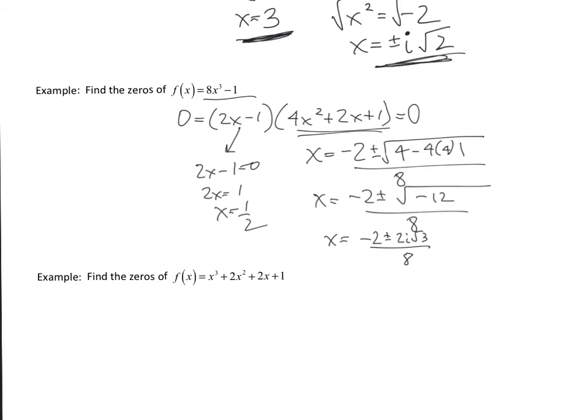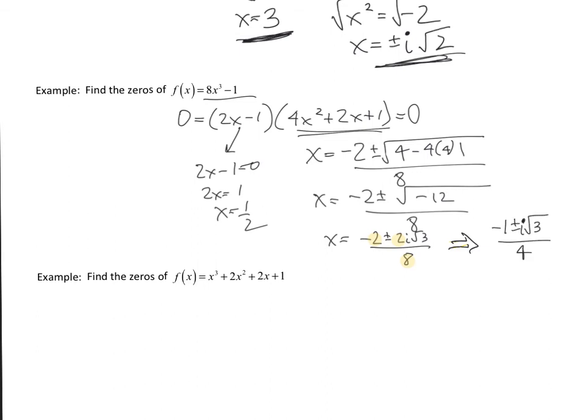And because 2, 2, and 8 are all divisible by 2, this fraction is reducible. So I divide all of those by 2, I get negative 1 plus or minus, excuse me, I forgot the i, i root 3 all over 4.